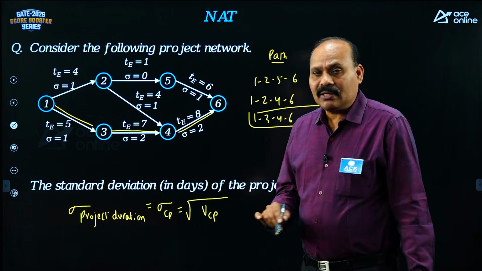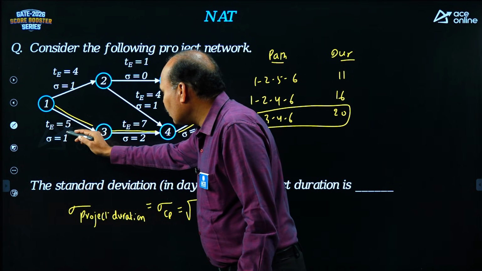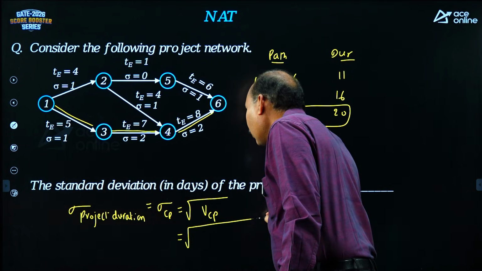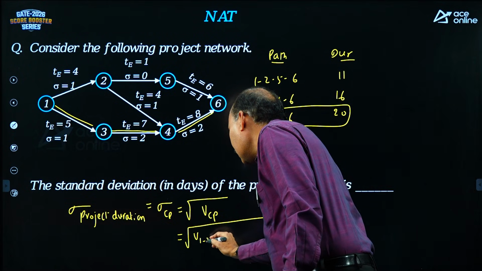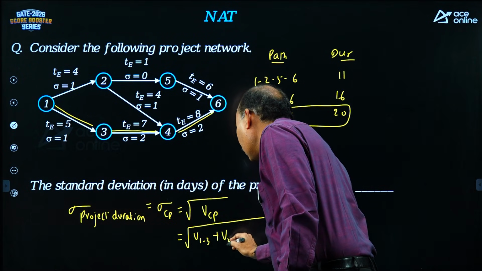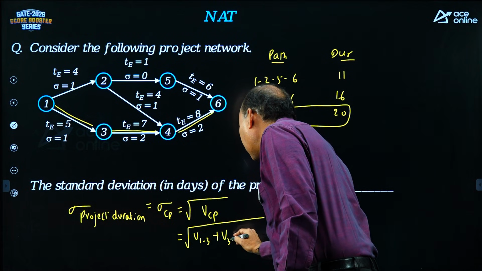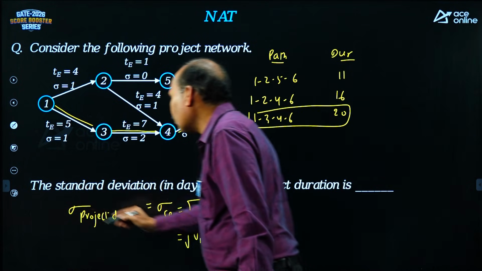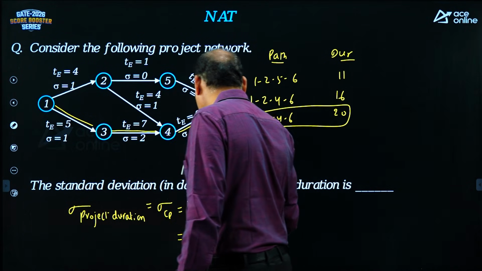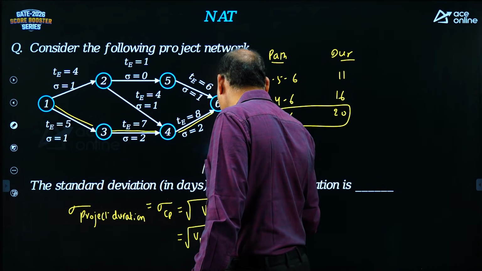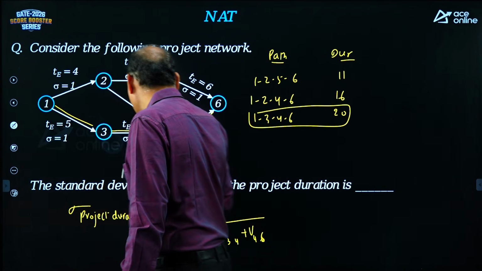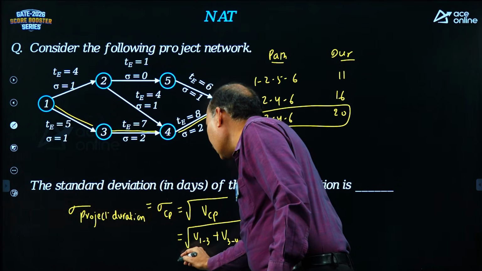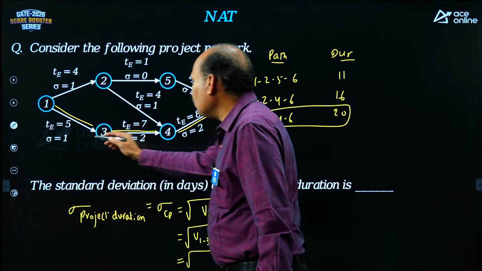Now along the critical path, you can take the variance. So sigma is equal to under root of variance of 1 to 3 plus variance of 3 to 4 plus variance of 4 to 6. Under root of variance of 1 to 3, the sigma value is mentioned.